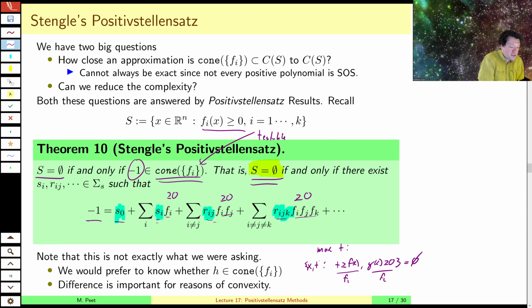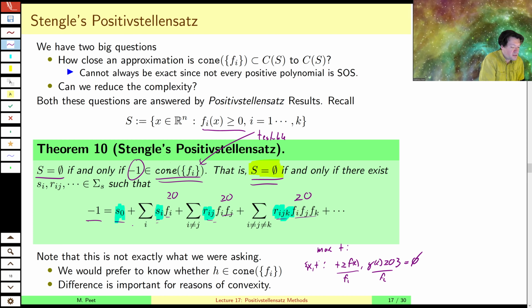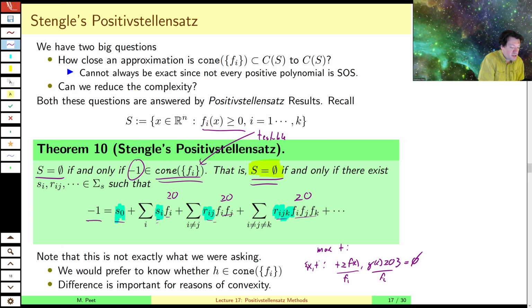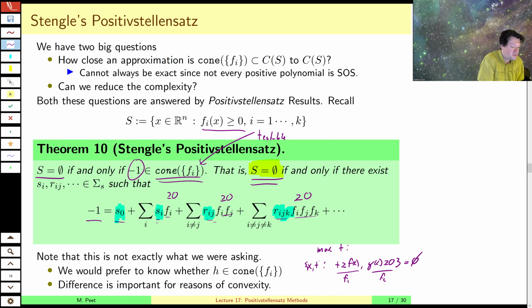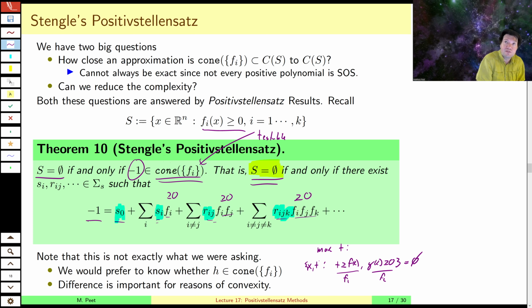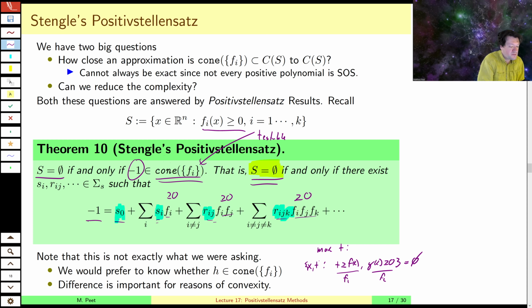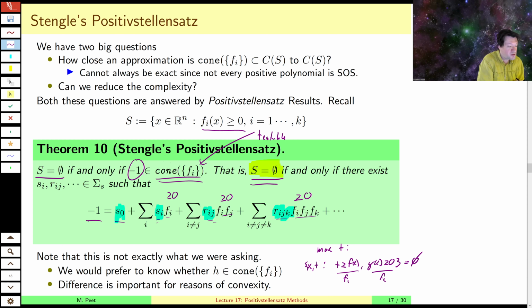So the inference then is that at a point, we can just plug in that point here, and then -1 is something which is positive, which is obviously false. So we have an obviously false conclusion, therefore we must have a contradiction: if all of these things are true at least at one point, we have that -1 is greater than or equal to 0, which is obviously false.